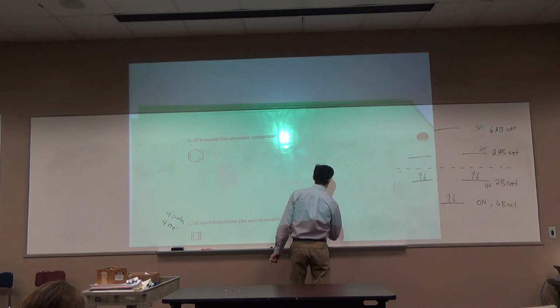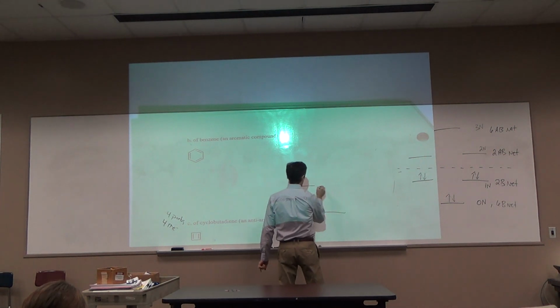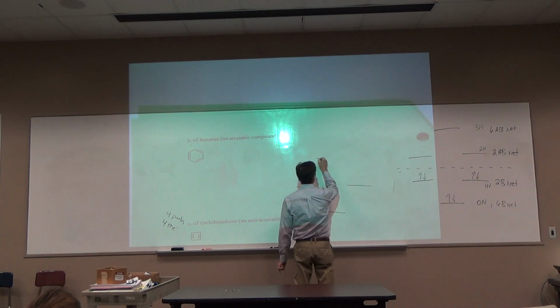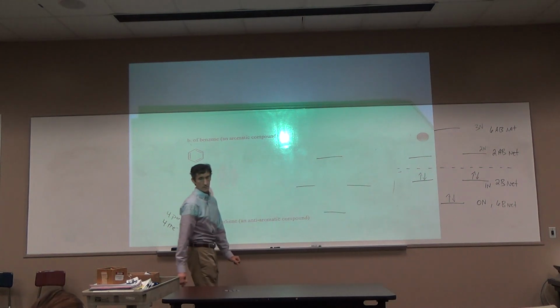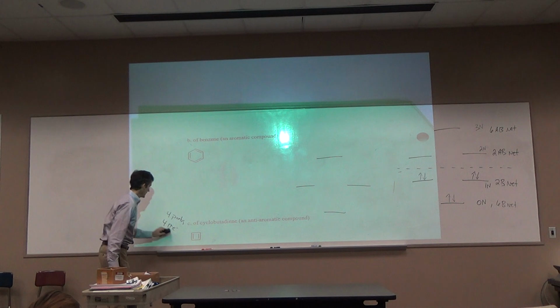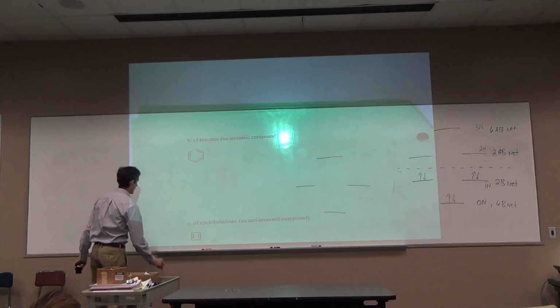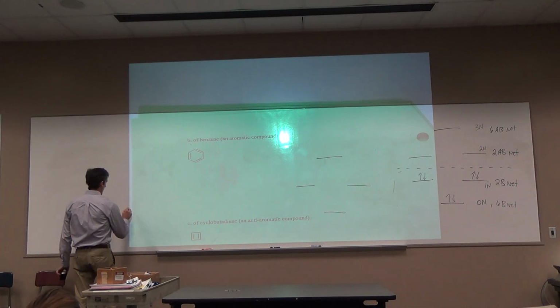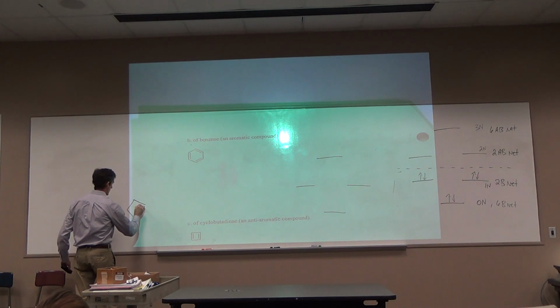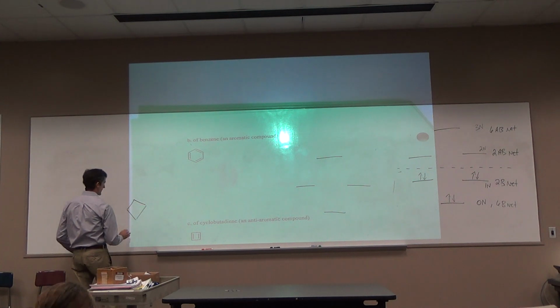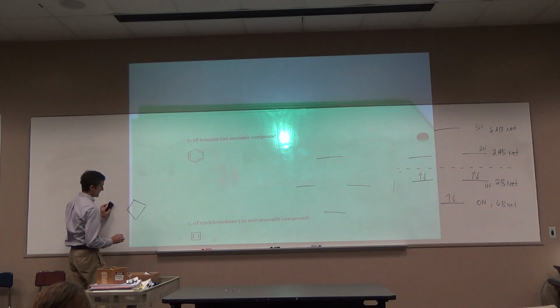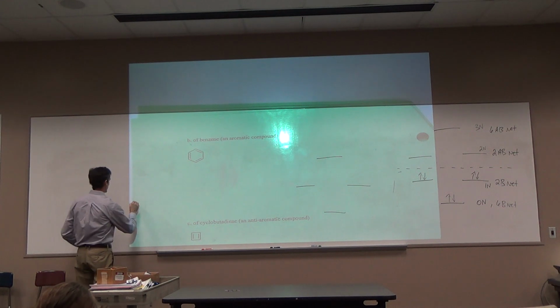There you go. Okay. This is going to end up with 1, 2, 3, 4. We can just go ahead and say that. Why? And I like to draw these. Draw it, right?